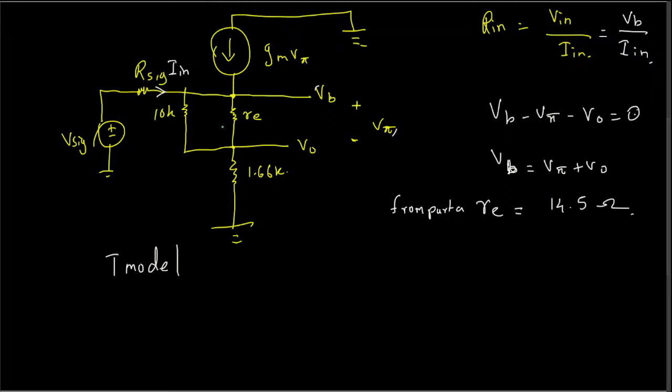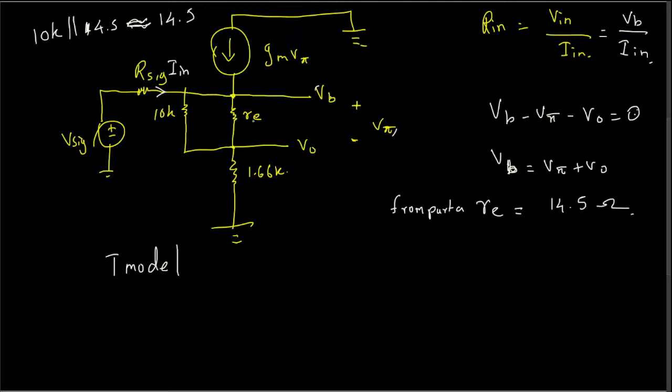And if you compare, when we have 14.5 ohm parallel to a 10K, 14.5 is the smallest value, and when you have parallel resistance, the equivalent resistance will be close to the smallest value. So here this is approximately equal to 14.5. So the equivalent resistance right here is 14.5.